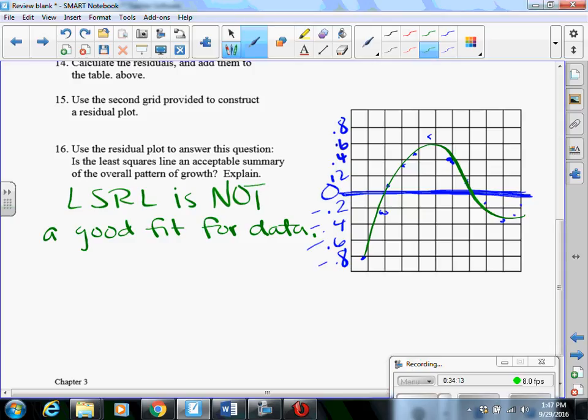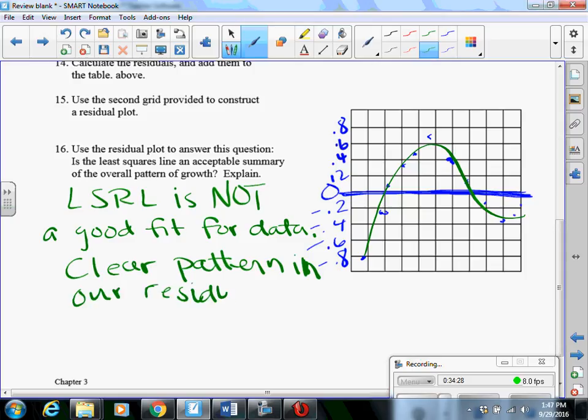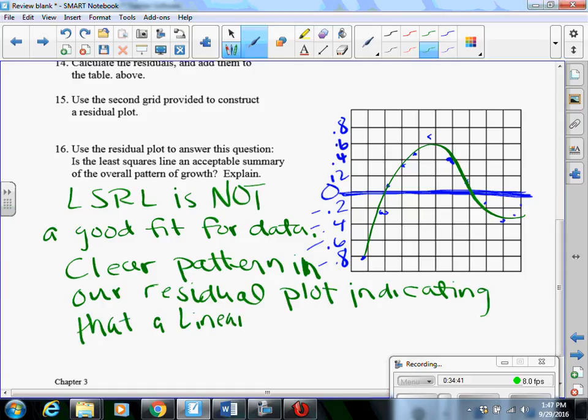This is true because even though there's a strong association of 0.9, there is a clear pattern in our residual plot indicating that a linear model is not appropriate.